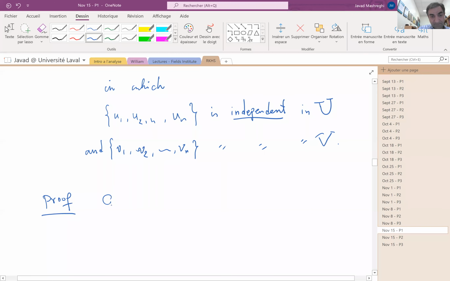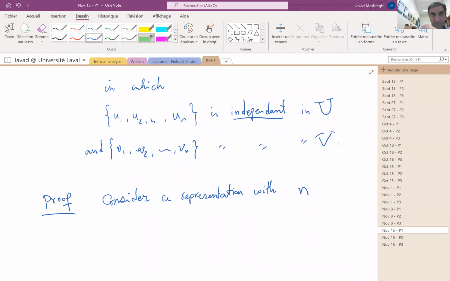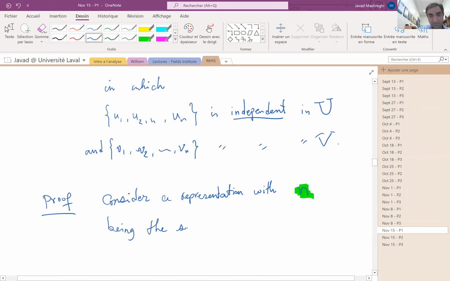Consider the representation with n being the smallest possible.